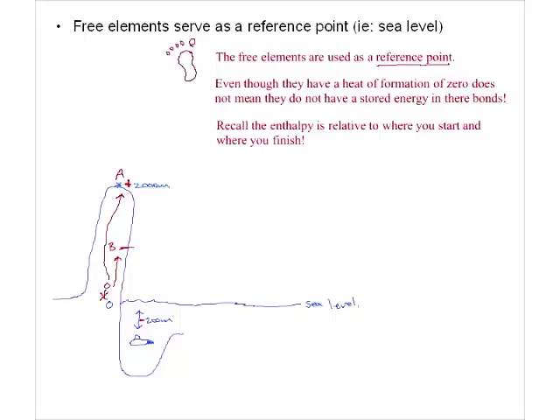So less energy is involved in that transfer, going from sea level to point B, or from any point for that matter. I could be starting at any point. I could be starting just slightly above sea level here. But the answer to this would be, well, if I have to put all that energy in, it's probably not going to occur. That energy barrier is going to be significantly large, that in order for me to get from point C to point A, I have to get that energy from somewhere.